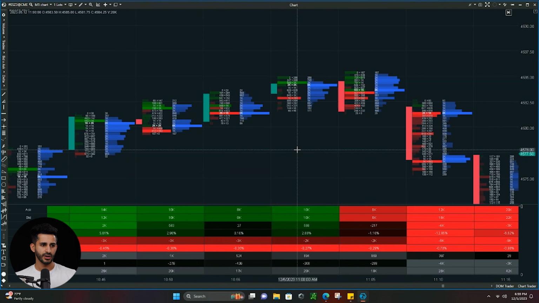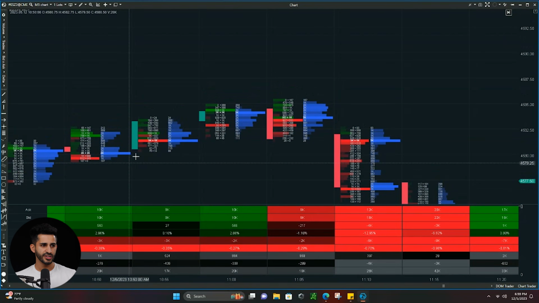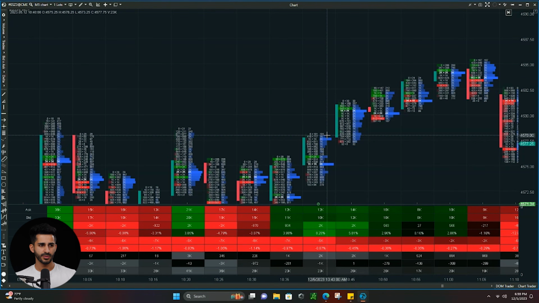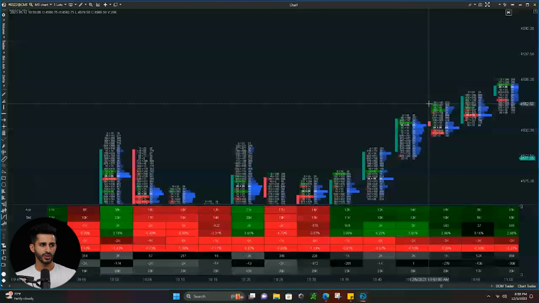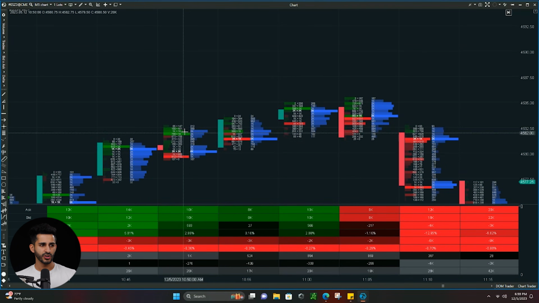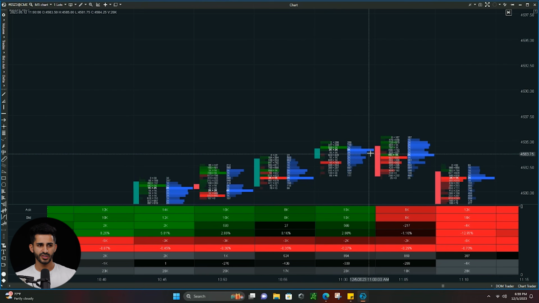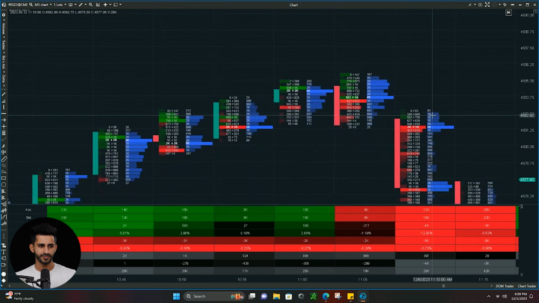So if I look here, I can see that on the session, as this instrument goes higher and higher, right? We keep going higher and higher. We go higher, we make a new high. As we make a new higher and higher, on every high, participants are aggressive. Participants are aggressive on the high. Now, as they're aggressive, there's a few things happening with the orders, right?